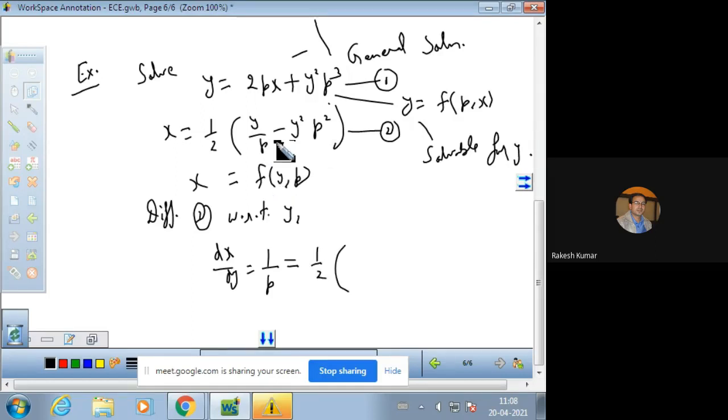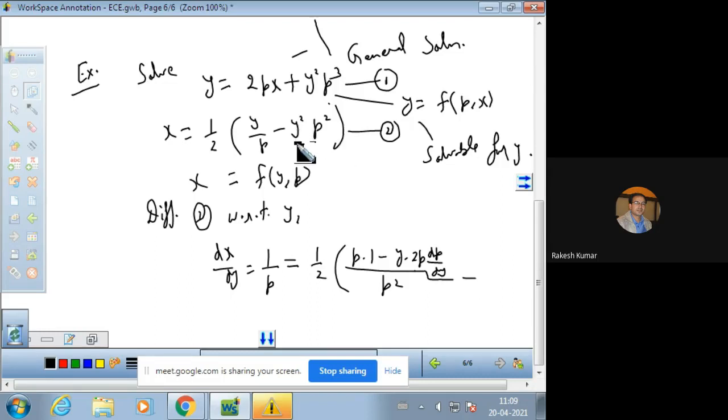This will be the u over v formula. So p square is there, p into the derivative of y with respect to y, which is 1, and y into the derivative of p square, which is 2p dp upon dy.